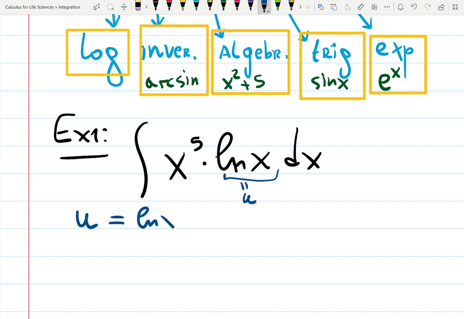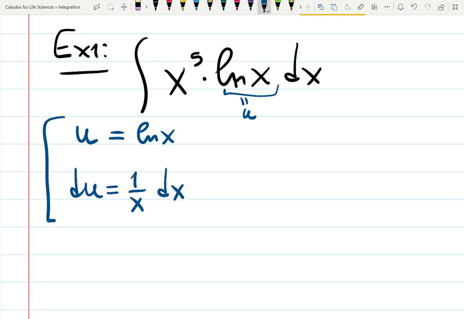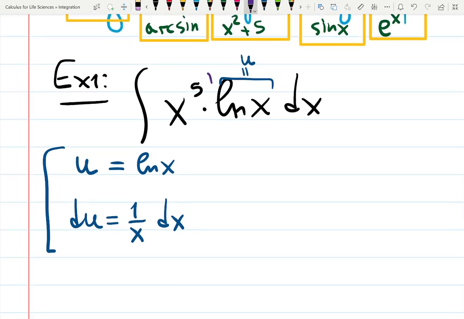u is ln x. Integration by parts involves differentiation and integration at the same time. du is 1 over x dx. We finished half of the integration by parts setup. Now, for you to know, the moment you chose u, everything else is determined. dv is not a choice. dv is everything that is left over.